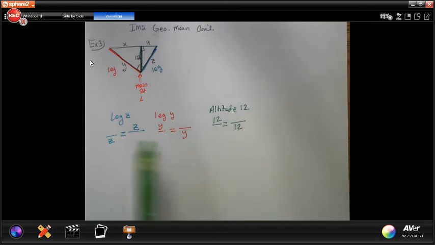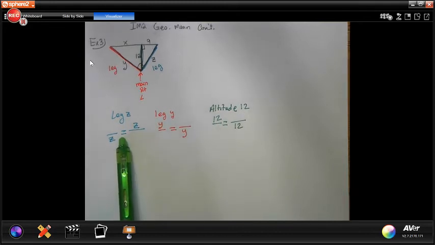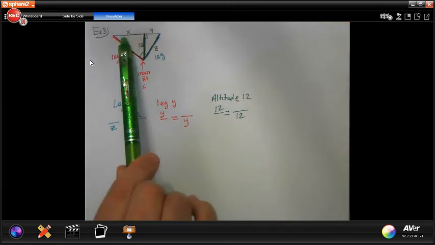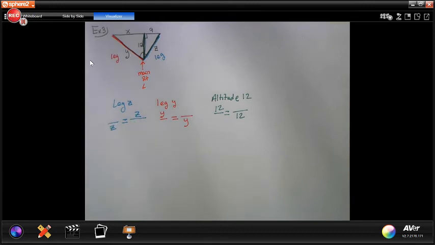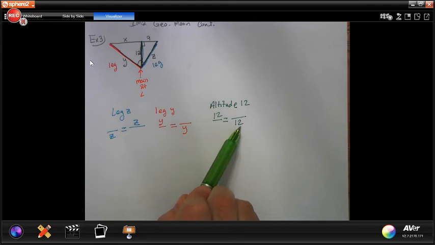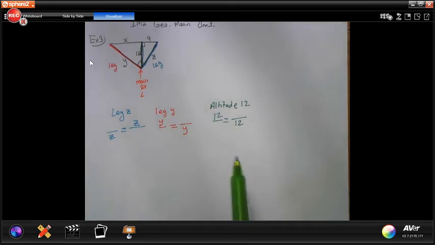If you do the hops from Z, you'll end up with a second variable, so you'll end up with X as part of these. And you can't do this if you have two variables. This only works if you have one variable. Since this is 12, we're only going to have one variable on this problem. This is the problem we want to start with.